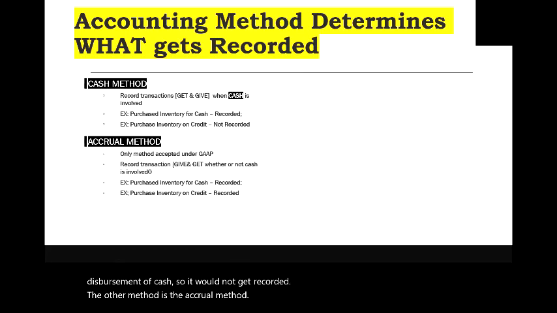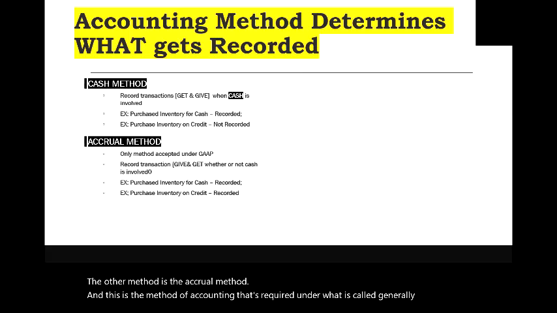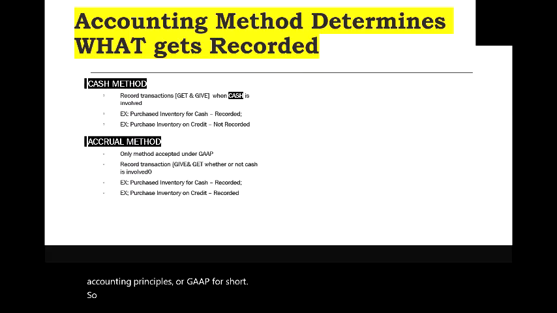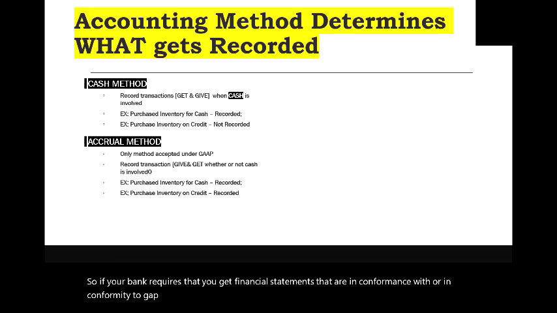And this is the method of accounting that's required under what is called Generally Accepted Accounting Principles, or GAAP for short. So if your bank requires that you get financial statements that are in conformity to GAAP, then they need to be using the accrual method.